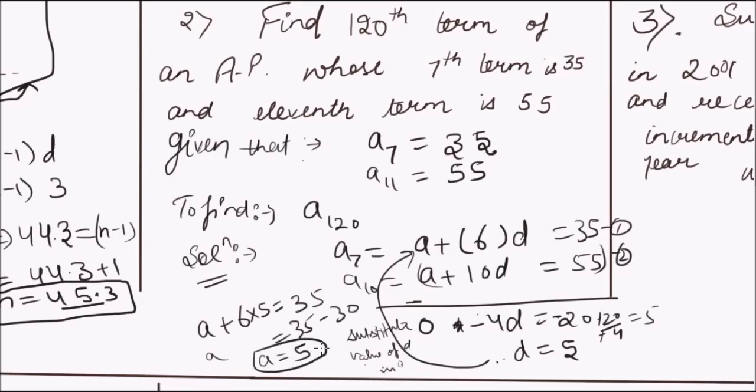Thus a as well as d both are 5. Therefore the first term is 5 and we have d as 5, that is the second term will be 5 plus d, which means 10, and the third term will be 15, and so on.